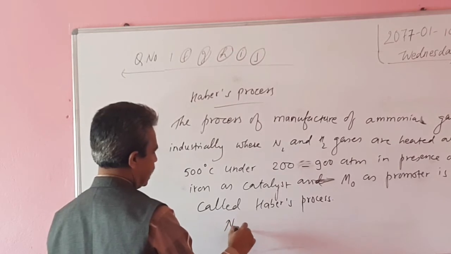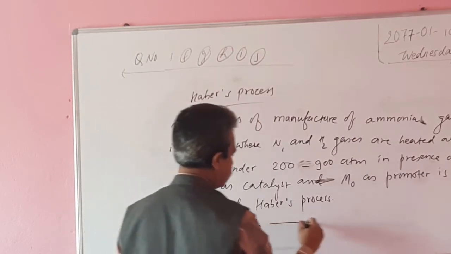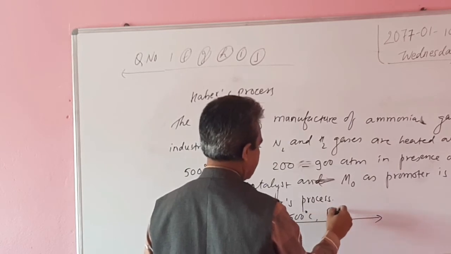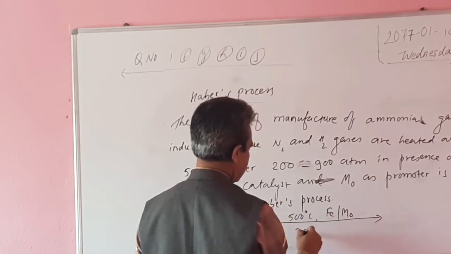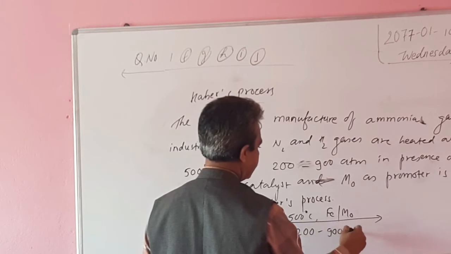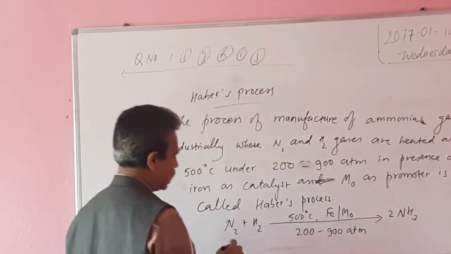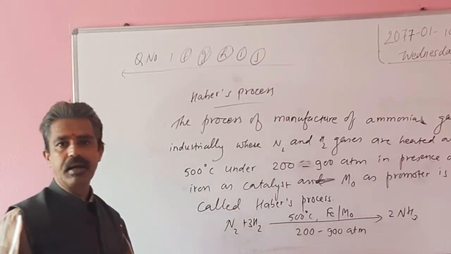Chemical reaction, let's write N2 plus H2, 500 degrees centigrade, Fe/MO, 200 to 900 atm, 2NH3. Is it balanced? No. Then it will be balanced.